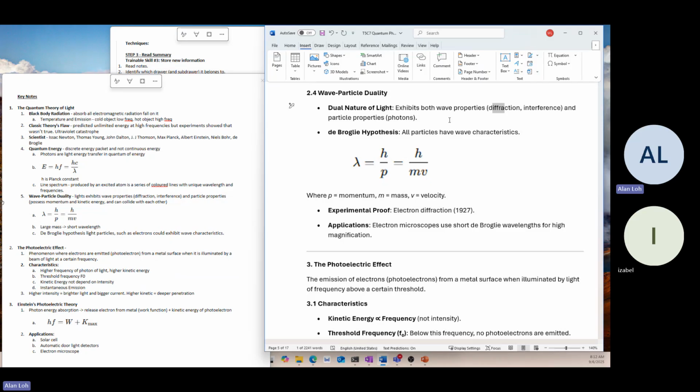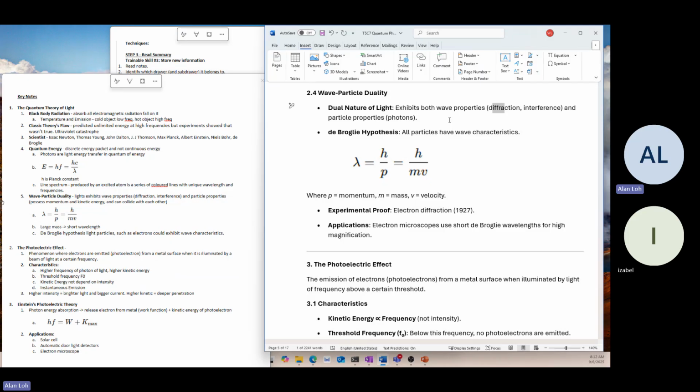But if you push a ball at this obstacle, it reflects back. It doesn't diffract. It doesn't change into another form. Does it make sense? Right. So the wave is able to change into another form when it hits some obstacle, but particles don't.